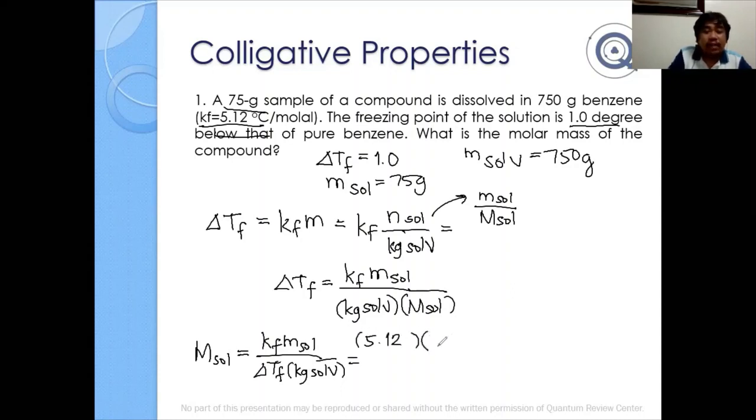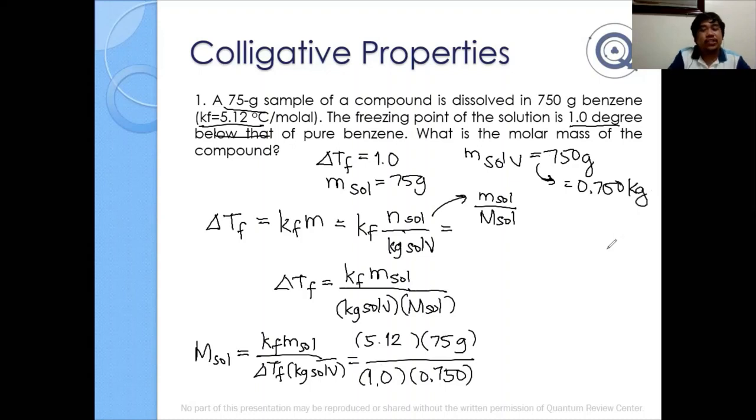Your mass of the solute is 75 grams, over delta TF, which is 1 degree Celsius. And the kilograms of solvent is 0.75, in kilograms, because the solvent is 750 grams. So in kilograms, this is 0.750 kg.